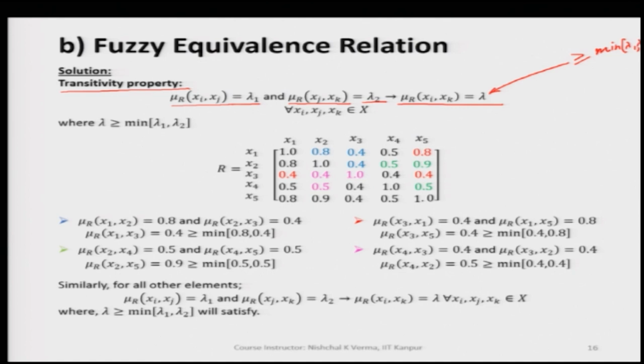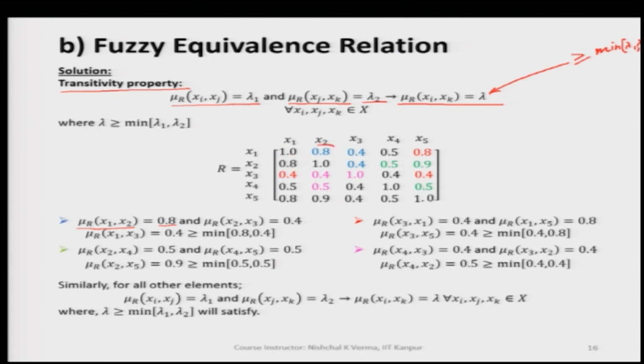So, now let us quickly check that, and in order to do that, we have here, let us say mu r x 1 x 2, and this we have found as 0.8 from this given fuzzy relation matrix.